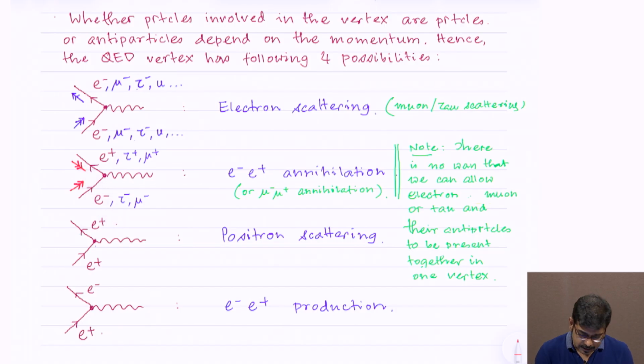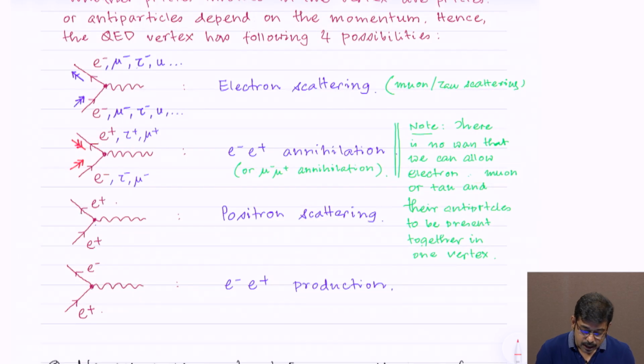Therefore, this represents a positron, right. So, this is a positron electron annihilation, and once again you can say that I can very well have a tau plus tau minus annihilation, mu plus mu minus annihilation, where I draw the momentum and the vertex arrow in this particular way. And of course the wavy line represents the photon.